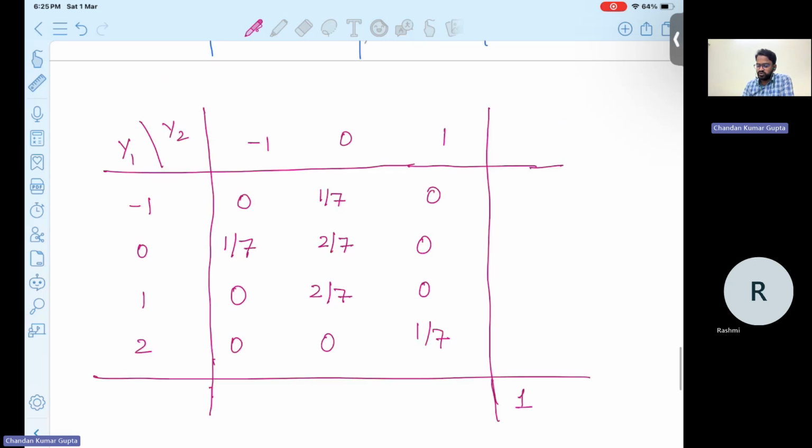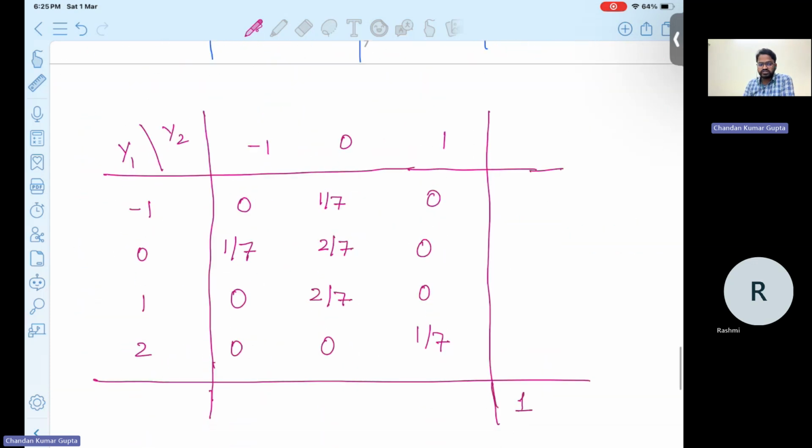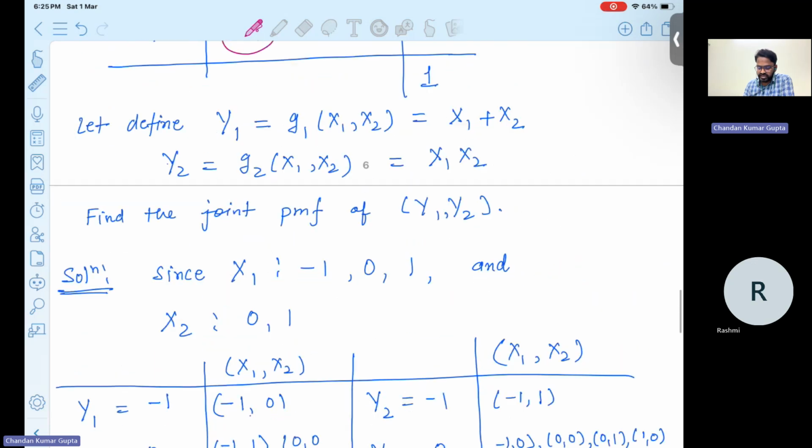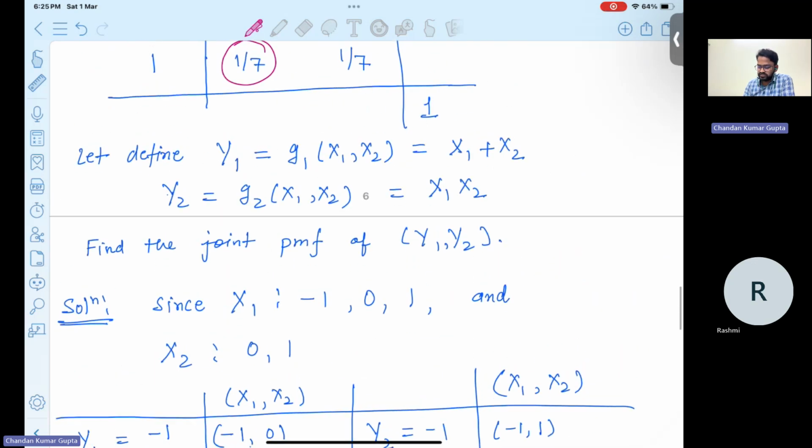So here we have constructed the joint distribution of the y1, y2 random variables, which are associated with the discrete random variables x1, x2 via this relation. Then we are able to find the joint probability mass function of y1, y2.